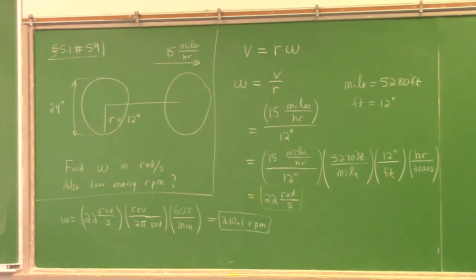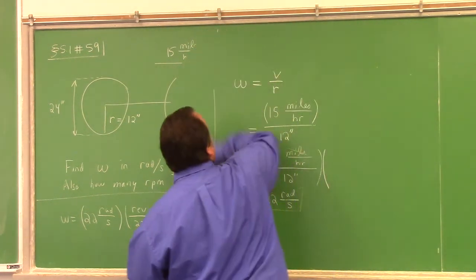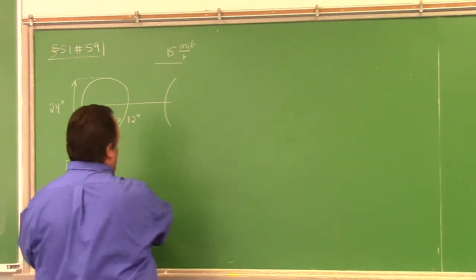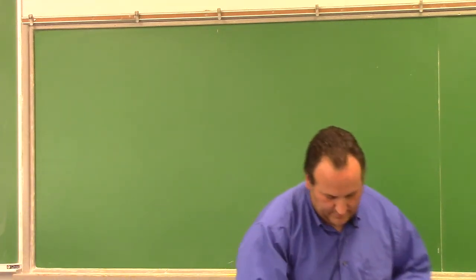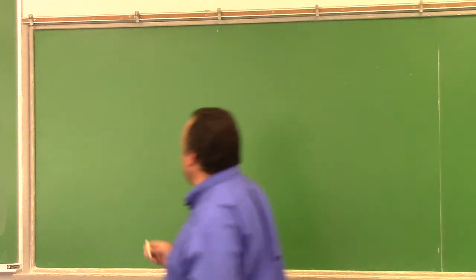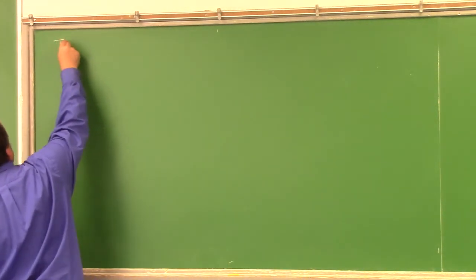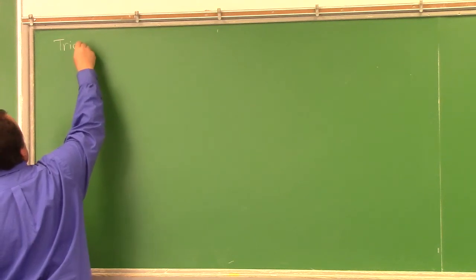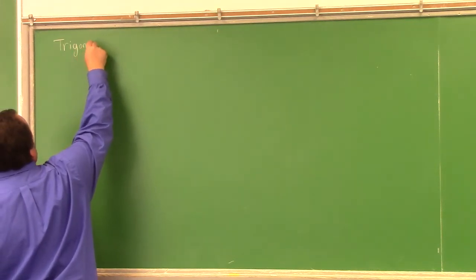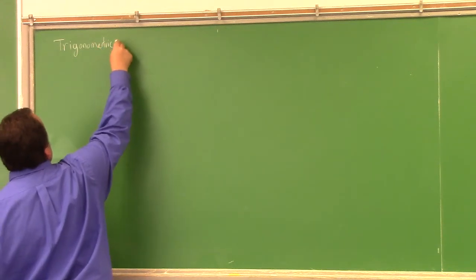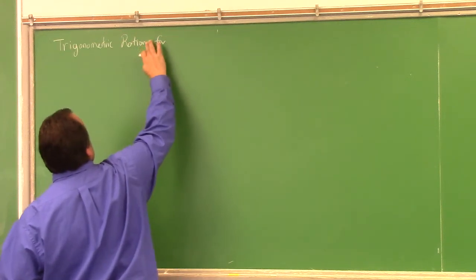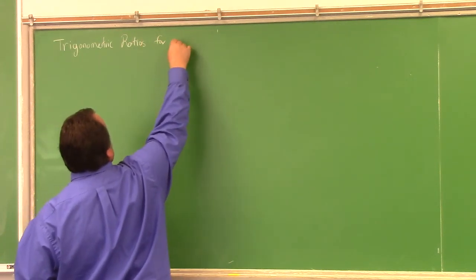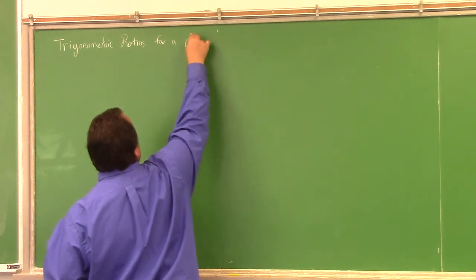All right, well, let me erase this and get into it. So we've talked about sine and cosine, and well, we haven't talked about tangent really, but I want to talk about the trigonometric ratios for a triangle, really a right triangle.